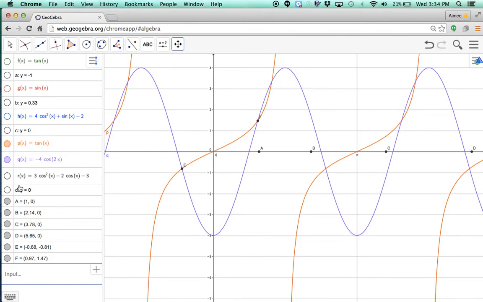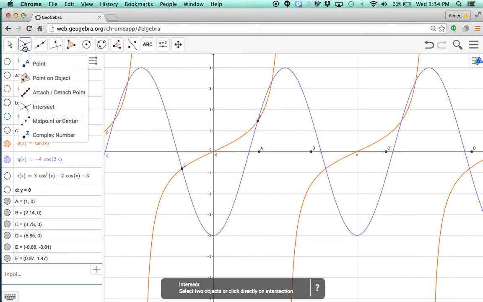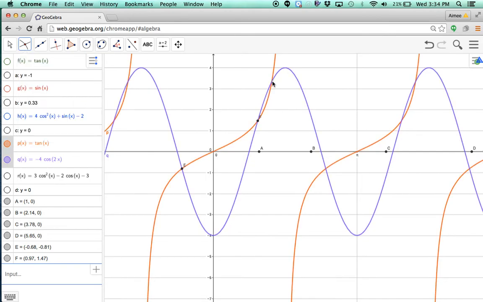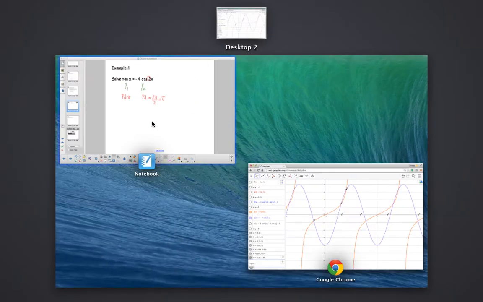So we are going to go through and find one more intersection. And that would be here. And it looks like that one is at about 1.28. Okay, so within that period, we have 3 solutions, and so we would note 3 solutions, 3 equations for solutions.